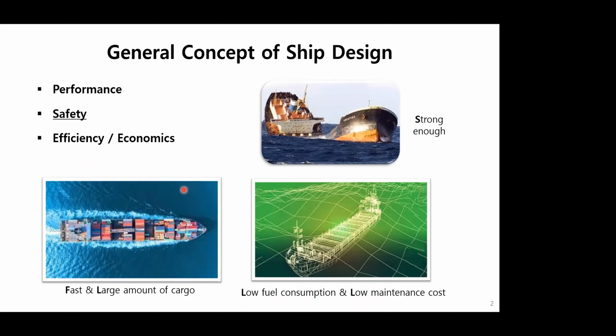Generally, these three elements are considered together in the initial design stage and optimized to get the best design solution. Today's topic, hull strength, is related with the second concept, safety.